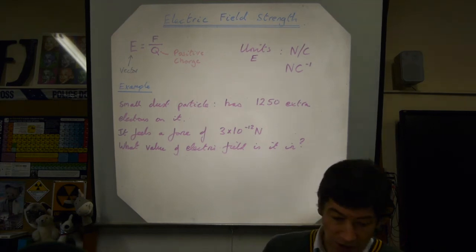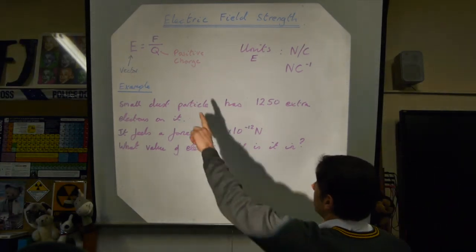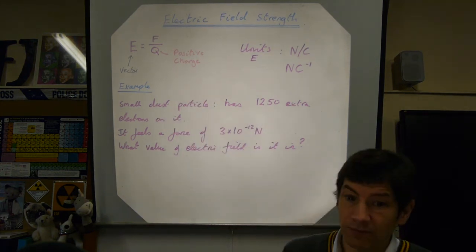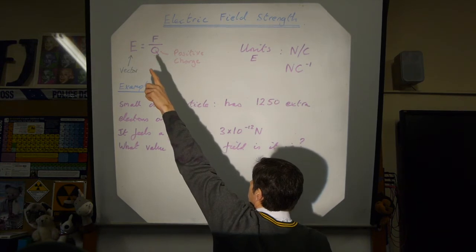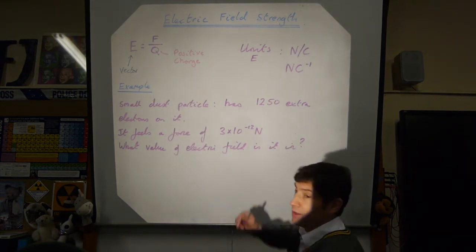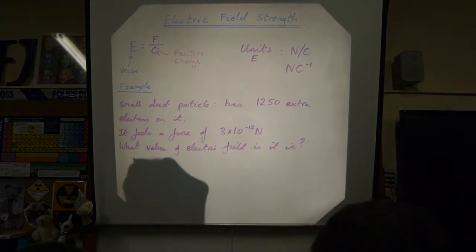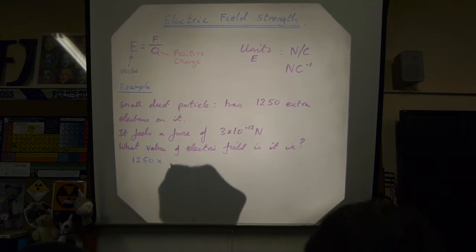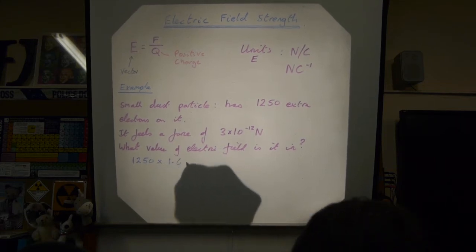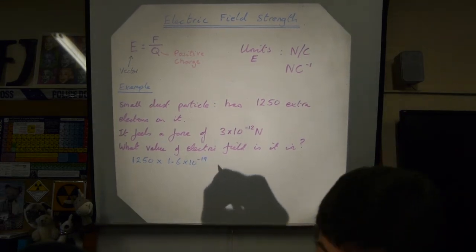So we've got our equation for the strength of the electric field. We know the force, and we need to know the charge on the dust particle. We've got 1,250 electrons, 1.6 times 10 to the minus 19 coulombs for the electron.